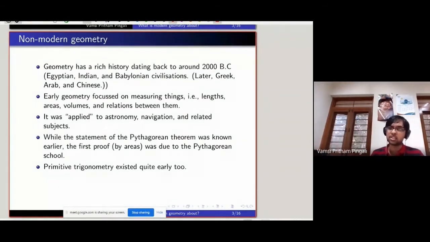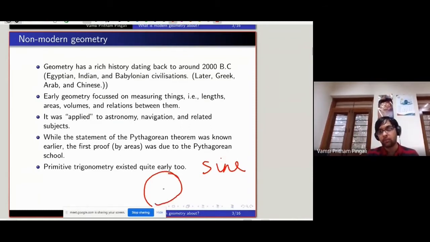Interestingly, there's an interesting story in Wikipedia. You can look it up as to how the name sine came about. You see, if you take a circle, and if you take this chord, and if the circle's radius is r, let's say it's 1, and if this is theta, then this chord is 2 sine theta by 2.